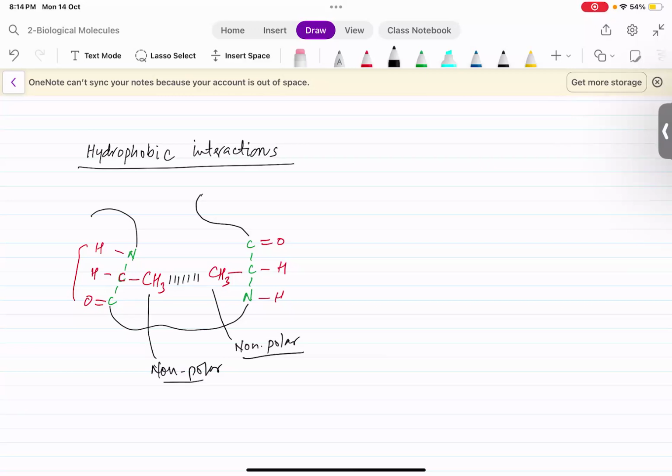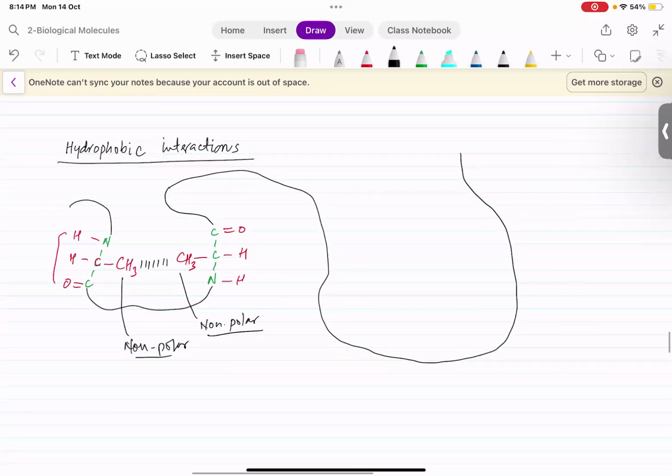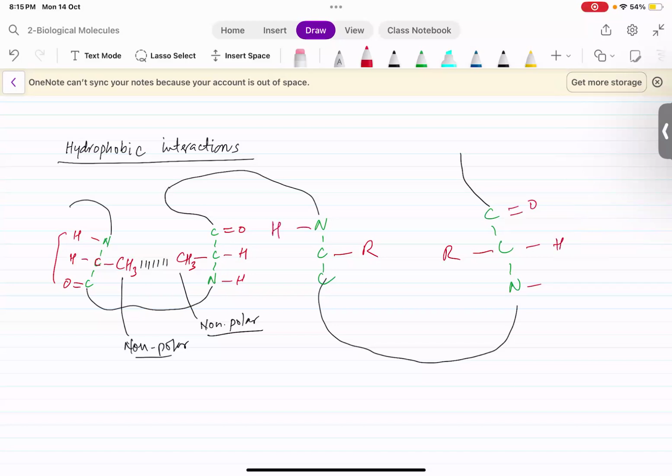Then if this is same polypeptide folded, and it has the two amino acids here, this amino acid has, I can write that here, N, C, and C. The central carbon has this R group here, and similarly, it has an amino acid here, which has N, C, and C here. So this is an R group here. Okay, the rest would obviously be the same, and this will be the same.